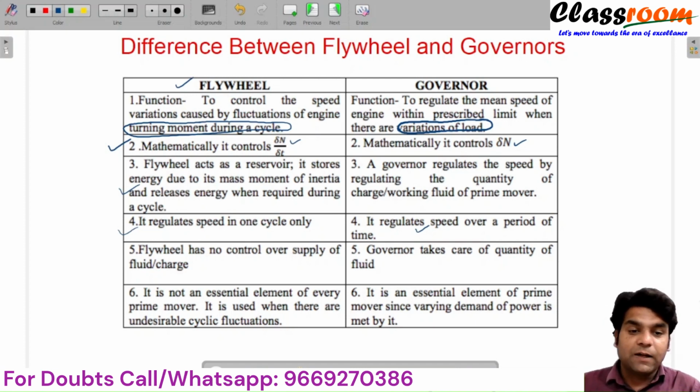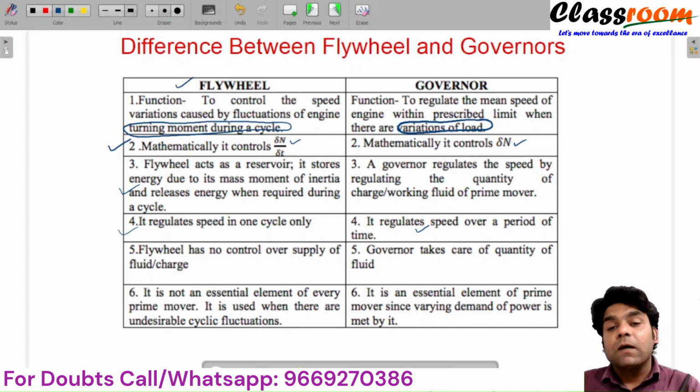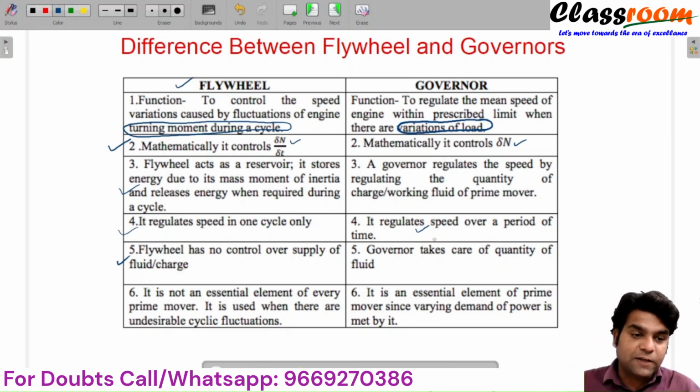The governor is used for that, but flywheel has to maintain the speed during each cycle. Flywheel has no control over the supply of fuel or charge. Governor changes the quantity of fuel to maintain the speed.